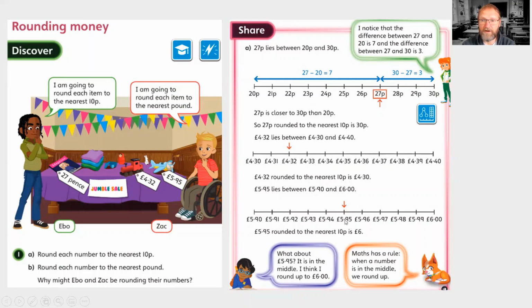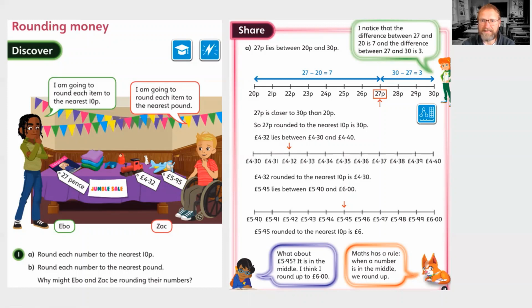Okay, and now we've got £5.95. On our number line, it is in between £5.90 if we round it down to the nearest 10, and if we round it up, rounding 95 up would be to 100, which would take us to the next pound. So £5.95 rounded up to the next 10 pence goes into the next 100, and that is £6 or 600 pence.